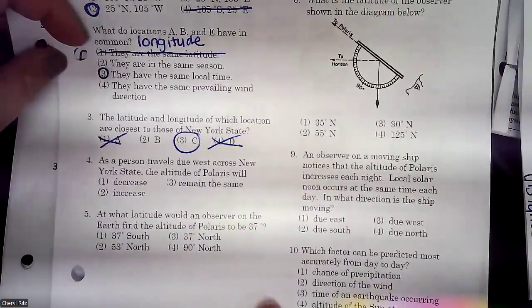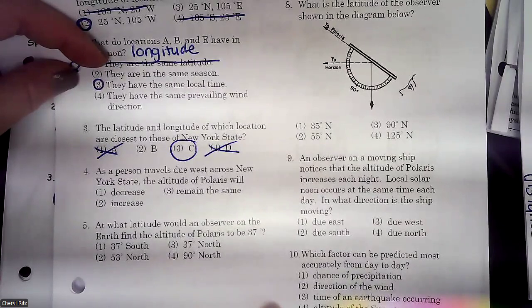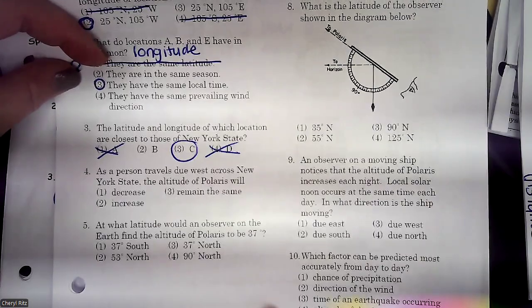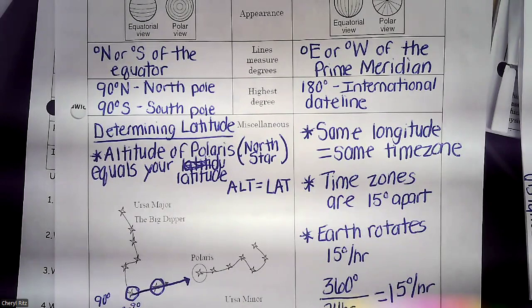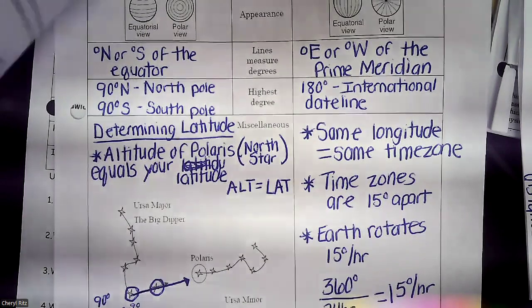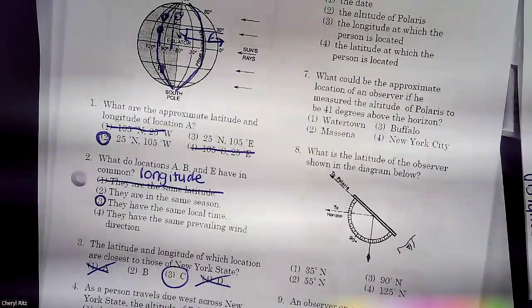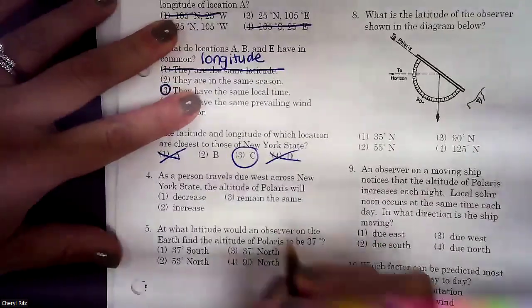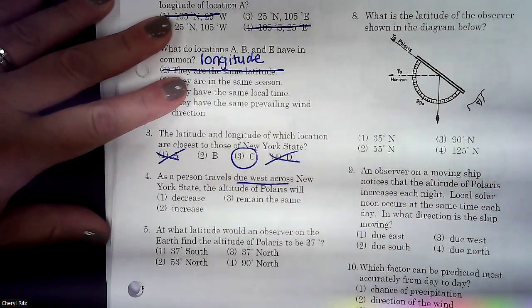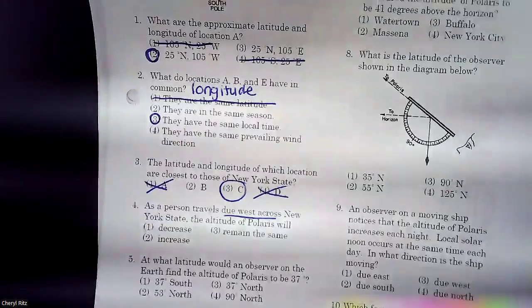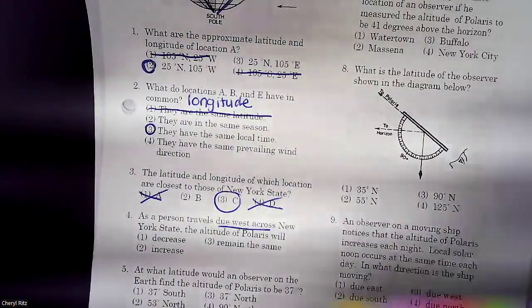My next question here was about altitude of Polaris. What do we know about altitude of Polaris that you must know to answer this? From page 7, everybody flip back to page 7. What does altitude of Polaris have to do with latitude and longitude? It is your latitude. Altitude of Polaris equals your latitude. So before we go over this, do you guys know what the words due west mean? It literally means you go straight west, not a little bit north, not a little bit south.